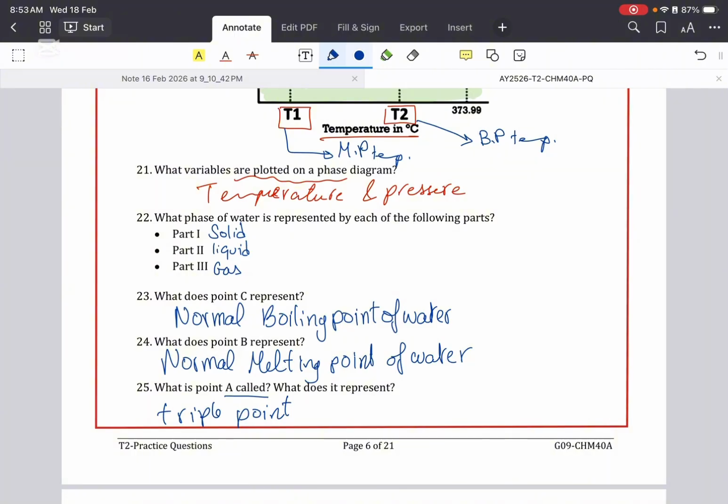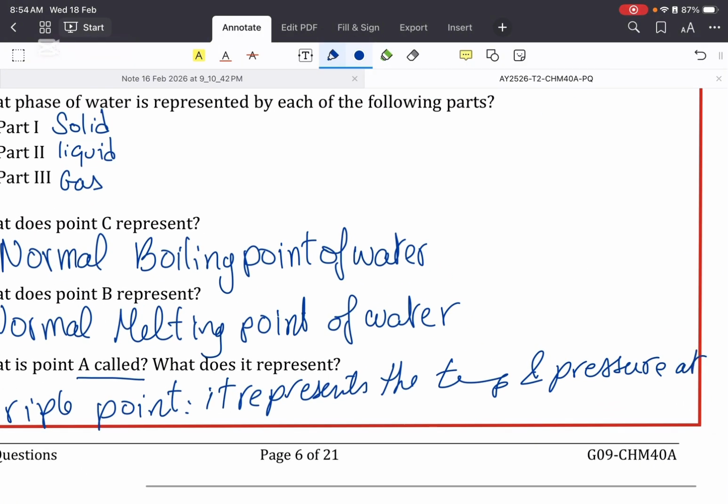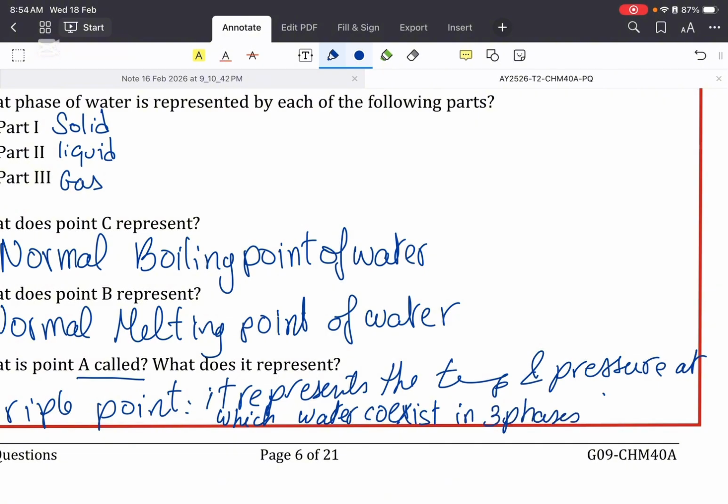So it represents the temperature and pressure at which water coexists in three phases, like they are all in equilibrium with each other: solid, liquid, and gas.